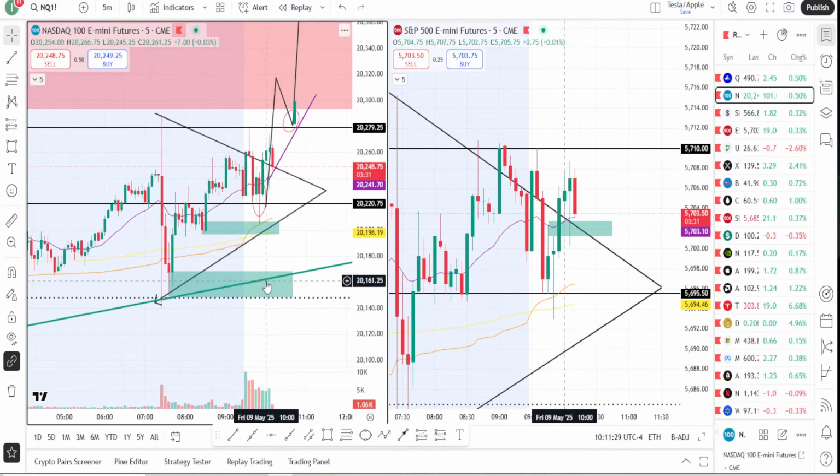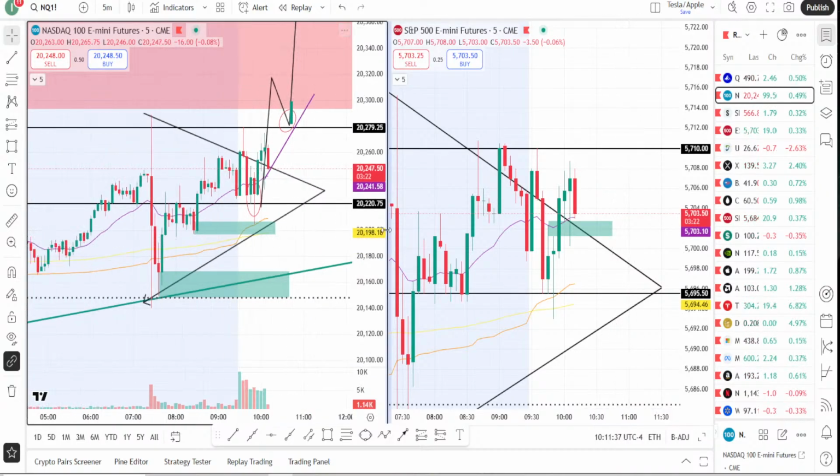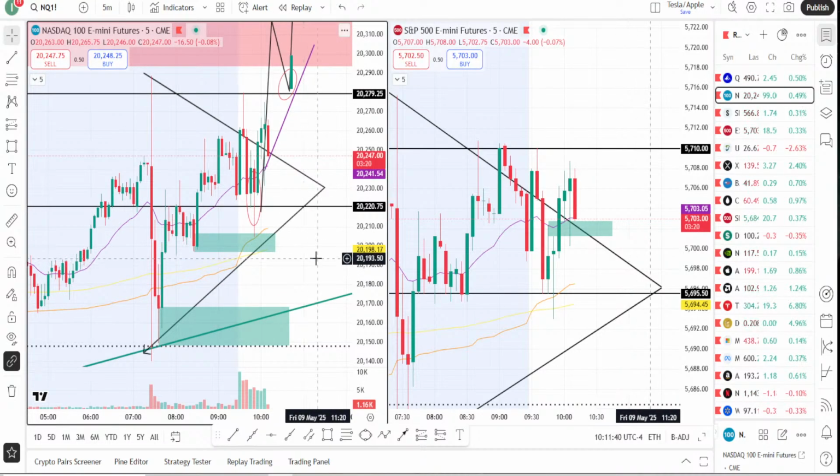Again, there's nothing going on here for me to do anything, right? I'm just watching price. I'm just waiting for my opportunity. So it does take patience, but trading is one of those things where if you're patient enough, you could take a trade and make a couple thousand dollars in minutes.